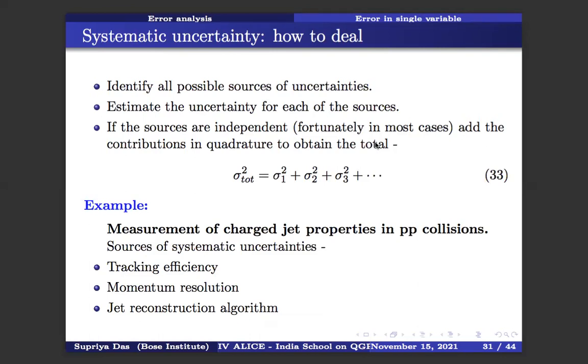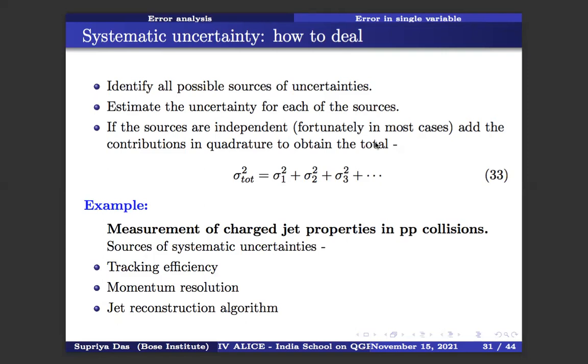Momentum resolution. If the momentum resolution of one tracking algorithm is different from the other, that gives rise to one kind of systematic uncertainty. The jet reconstruction algorithm itself, if you use a different type of jet reconstruction algorithm, they give you different results, but all of them are systematic.